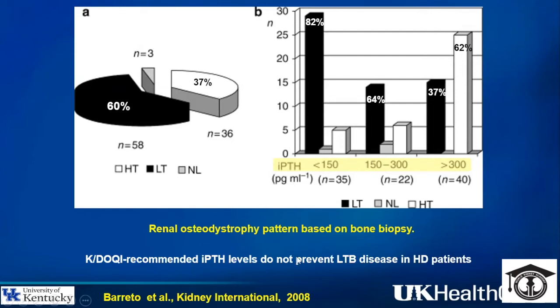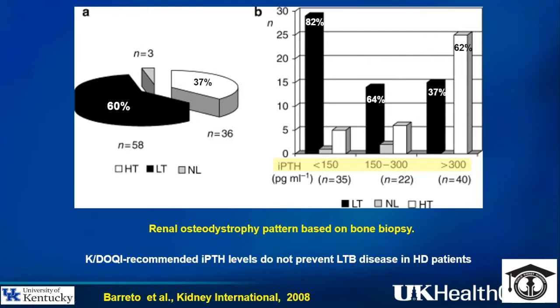In a very famous study by Barreto, published in Kidney International 2008, the KDOQI guidelines maintained the PTH by that time at 150 to 300. So if you follow these guidelines, you still have 64%, 2/3 of your patients, with low turnover bone disease. Even with PTH more than 300, almost more than 1/3 of patients still have low turnover bone disease.